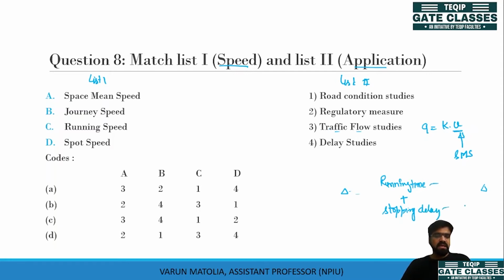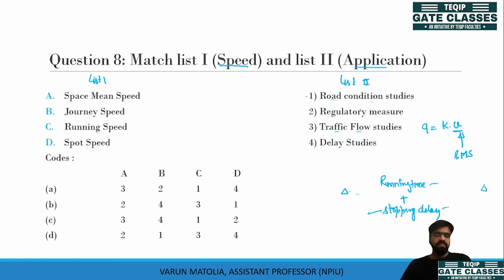So these are the things which we can calculate from journey speed. So can we assume the road condition from journey speed? No, because there may be a lot of stopping delays because of the congestion. It may be due to road condition and it may not be. So this is not applicable for road condition studies.